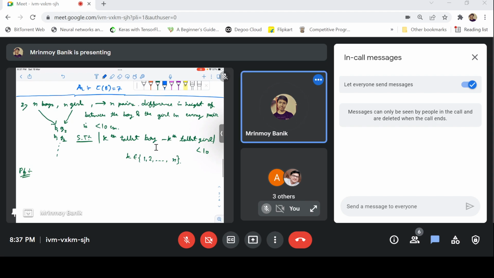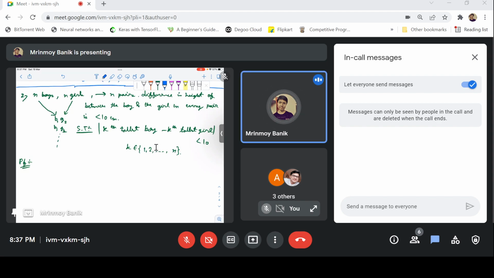Okay, so the first step is to assume some order between the boys and the girls. So without loss of generality, let's assume B1 is less than or equal to B2 less than or equal to B3 up to Bn, and G1 is less than or equal to G2 up to Gn.